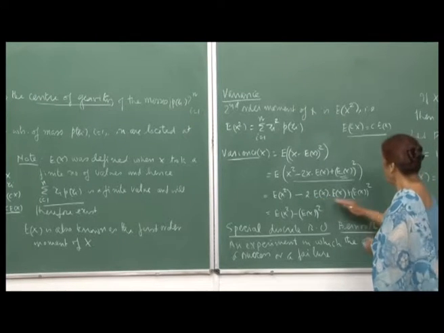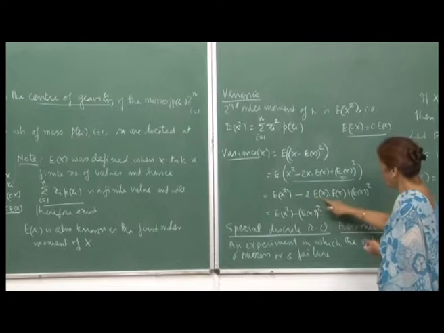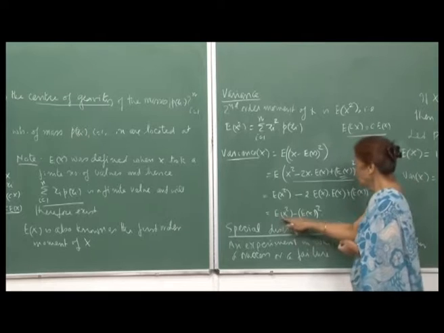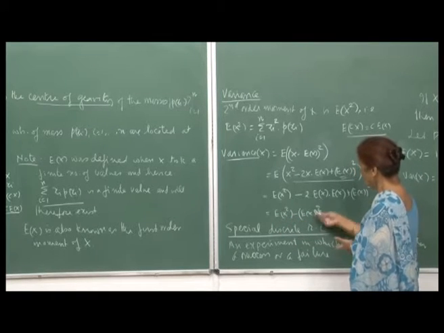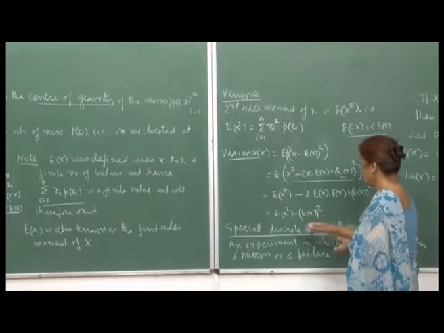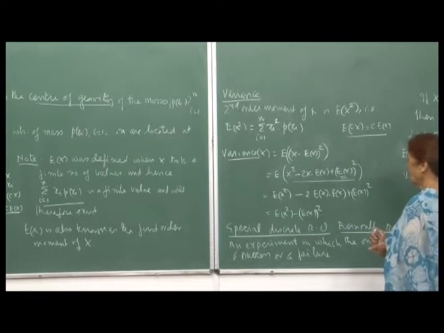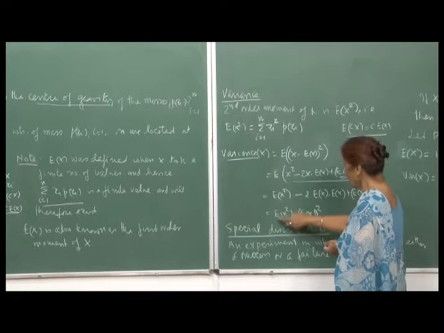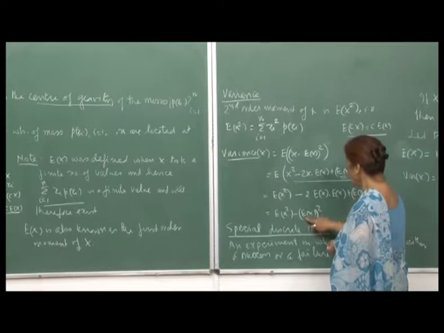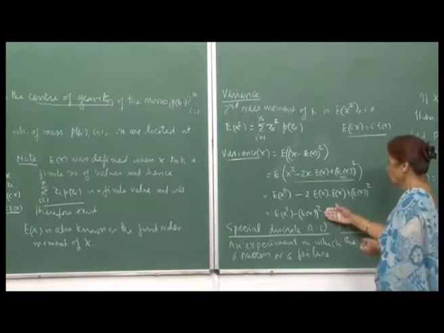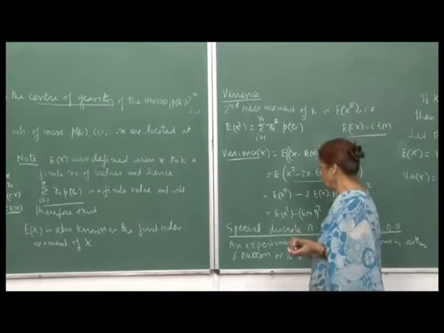So, this is this, and therefore, minus 2 E[x] square plus E[x] square. That reduces, and therefore, this becomes E[x square] minus E[x] whole square. So, therefore, you can also say that the variance of a random variable x is the second order moment about the origin, E[x square], minus its expectation whole square.